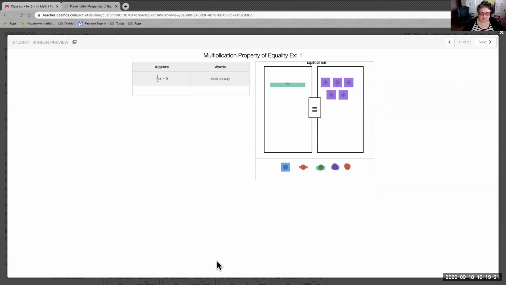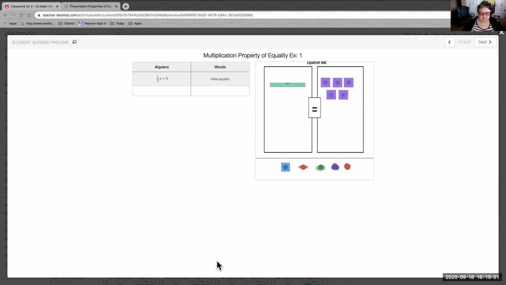So let me see if this thing lets me multiply. Okay. So I have 1 here and 1 group here. So I'm going to multiply these groups by 2. So I'm going to have 2 groups. Okay.